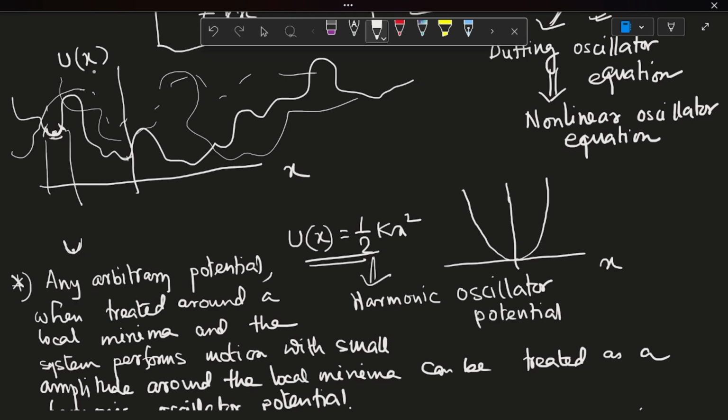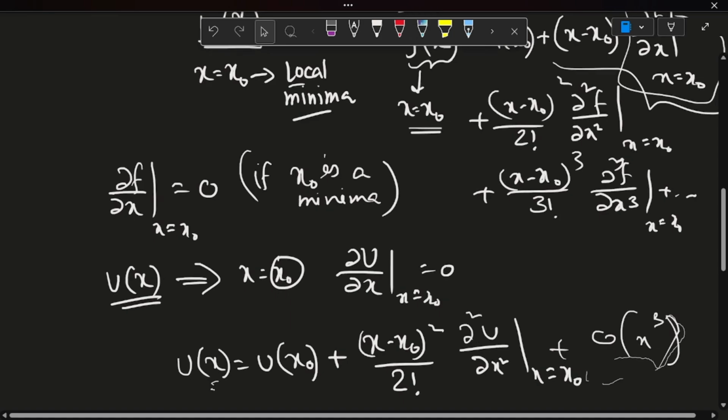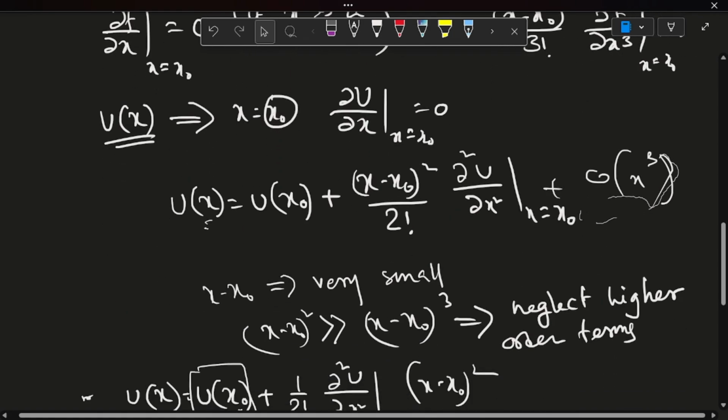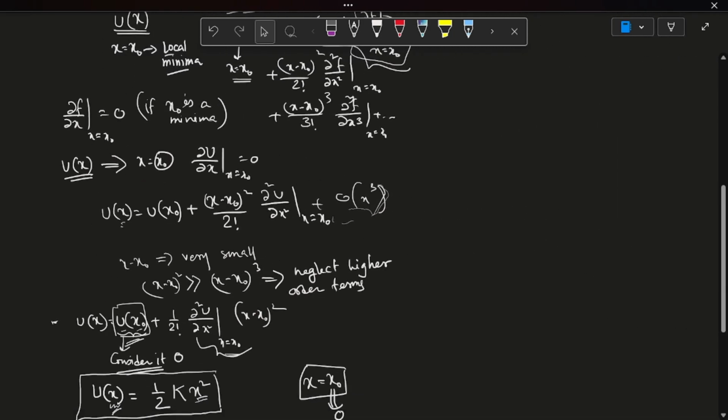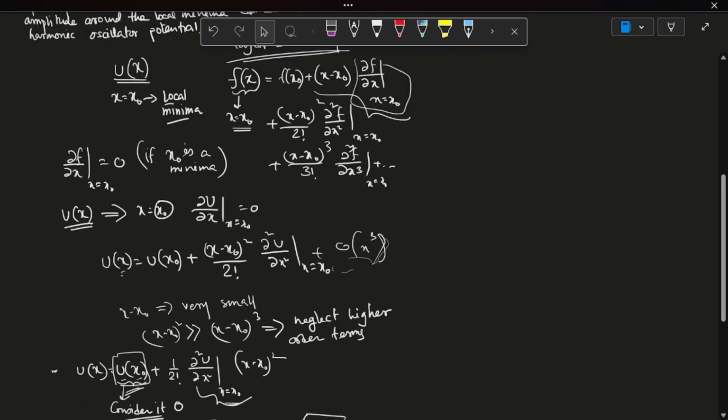That is why it is very important to learn the harmonic oscillator system. But if the amplitude of motion is very large, it will no longer be a harmonic oscillator, because in that case you will have these higher order terms also. So we can see that it is a harmonic oscillator system if the amplitude is small.